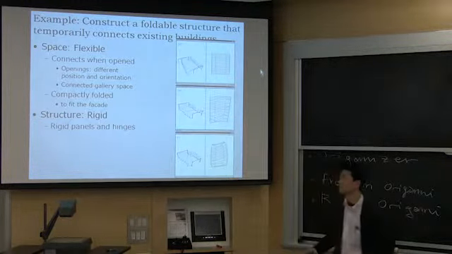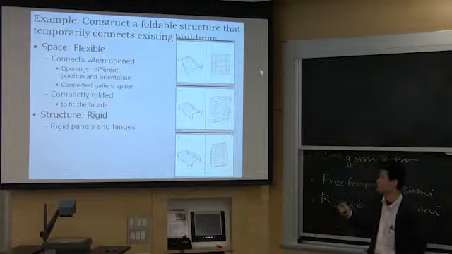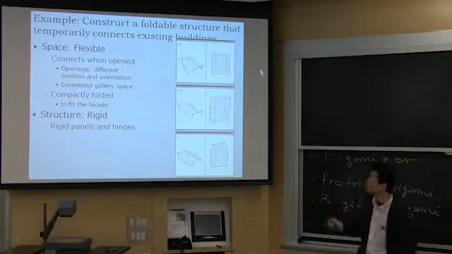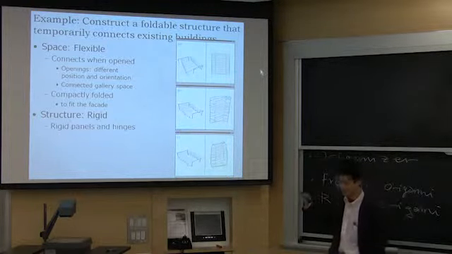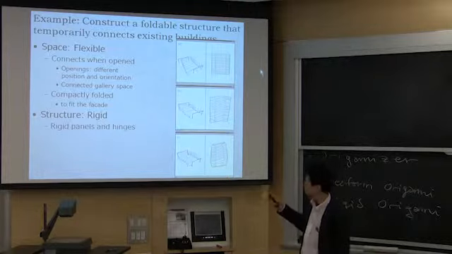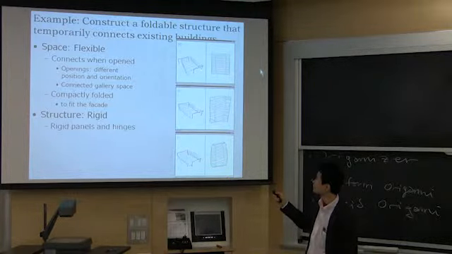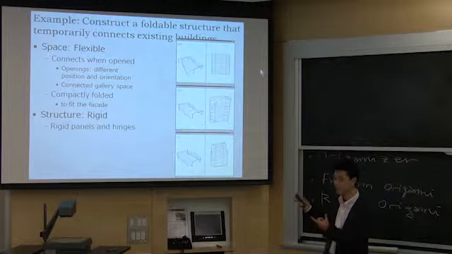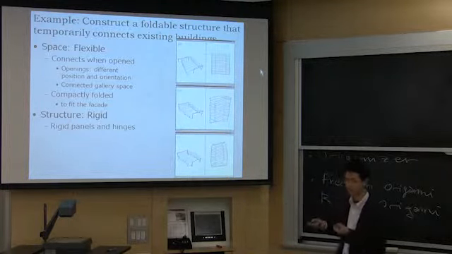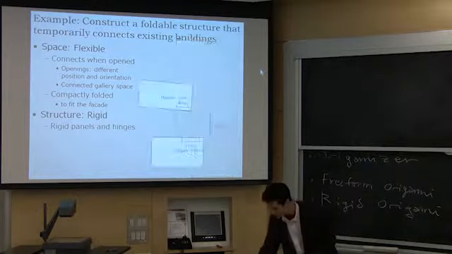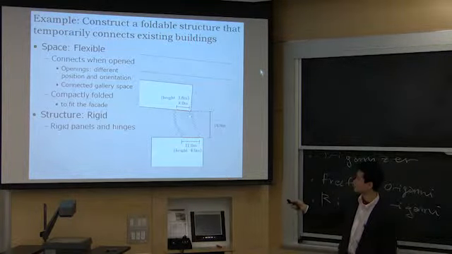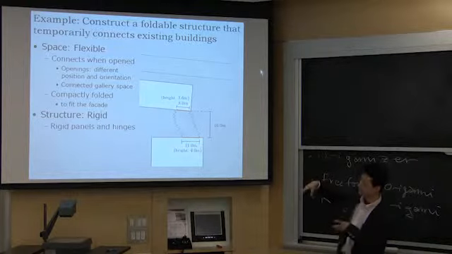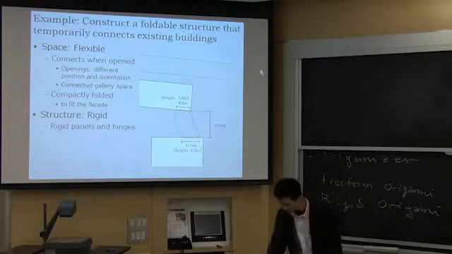So in order to solve that kind of problem, we can use free-form origami to design to fit the condition. These red lines are the openings of two buildings that are actually not parallel, and the sizes are different.